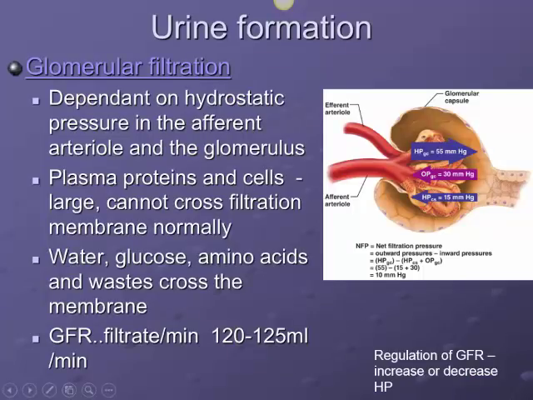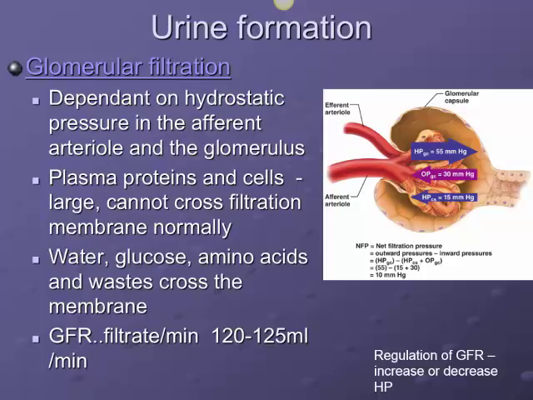So let's look at the first phase of urine formation, which is filtration. This is dependent on pressure which is present in the glomerular capillaries. When we did blood, if you remember, we did something called osmotic pressure, and something called hydrostatic pressure. Hydrostatic pressure is fluid pressure, and fluid pressure tends to throw water out.